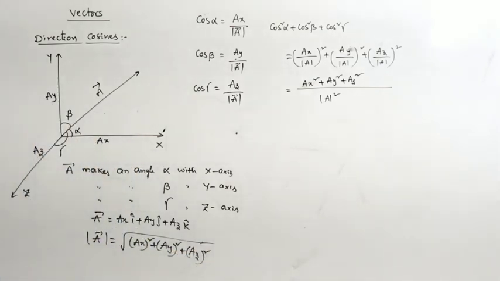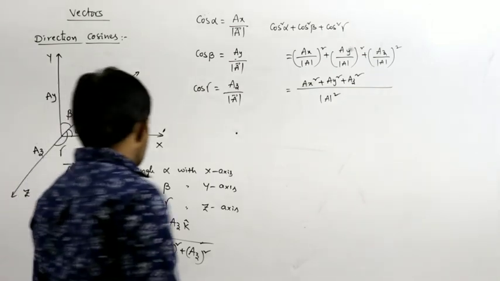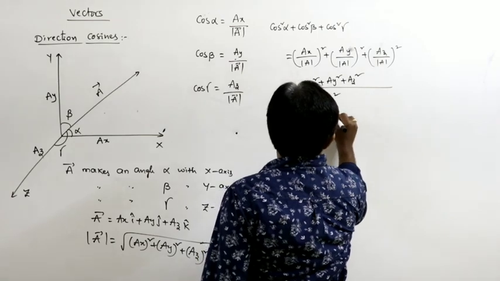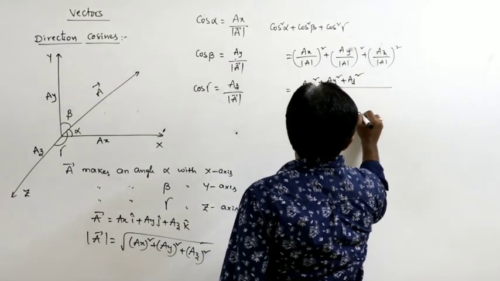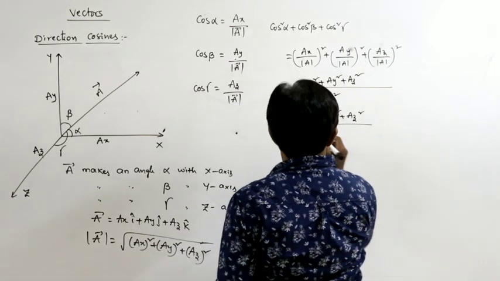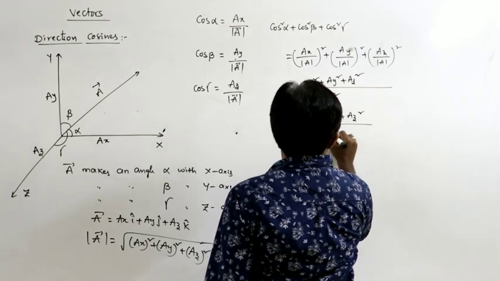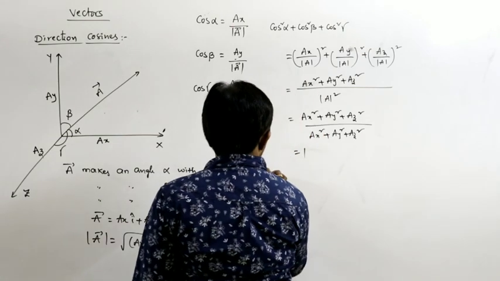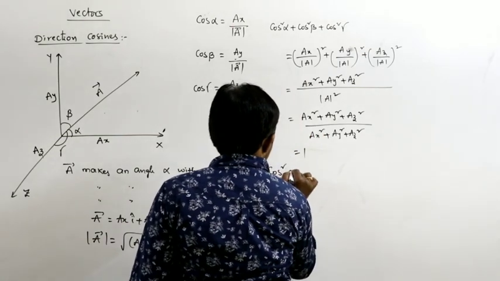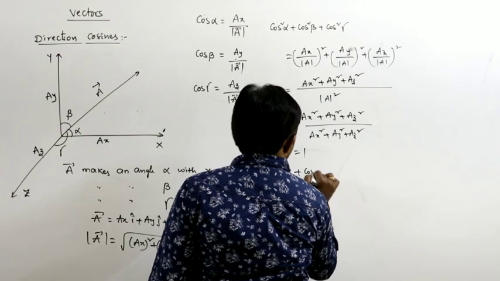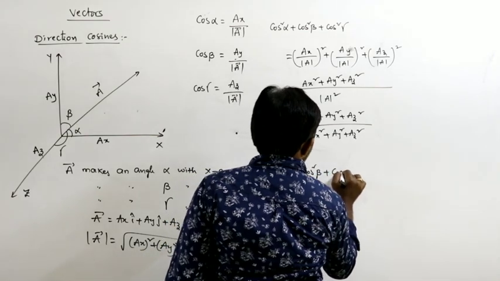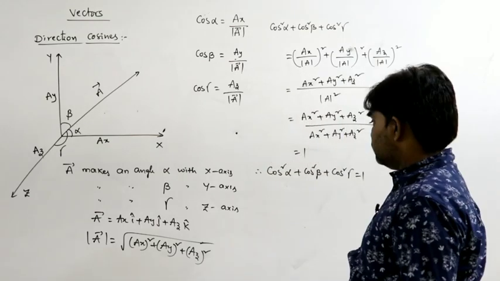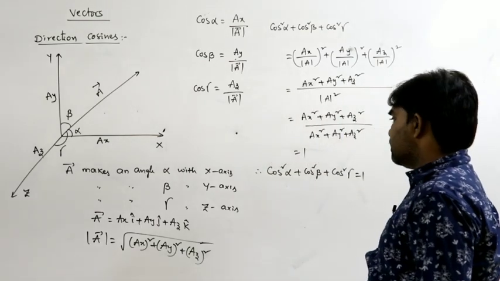So Ax square plus Ay square plus Az square divided by modulus of A square is the same, that is equal to 1. Therefore, cos square alpha plus cos square beta plus cos square gamma equals 1.